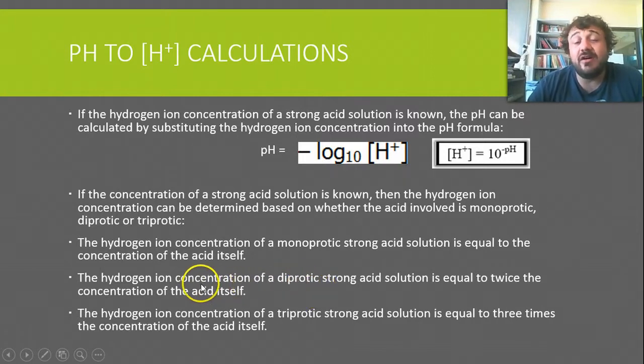Okay, the hydrogen ion concentration in a diprotic, however, is equal to twice the concentration of the acid. So for 1 molecule of acid, it gives off 2 hydrogen ions. Triprotics, for every 1 molecule of acid, give off 3 hydrogen ions. Okay, so the concentration of H plus is equal to 3 times that of the actual molecule itself.